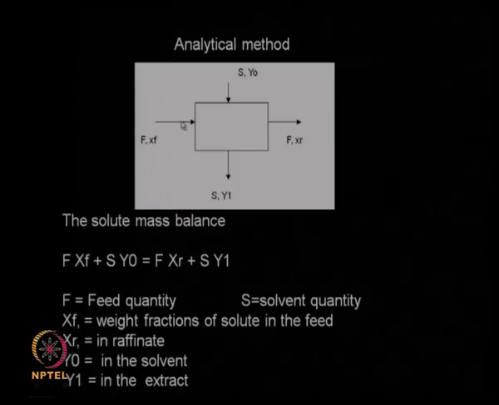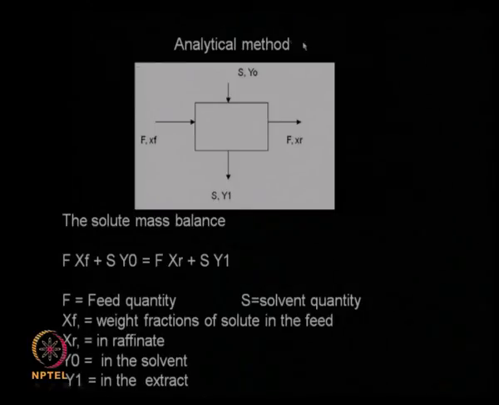Now, we have two streams that are entering and two streams that are leaving. So, we can make a mass balance for this, quite straightforward. We have been doing mass balance for the past several classes. We can do a mass balance for the solute: F into XF, where F is the flow rate and XF is the concentration, that is the amount of solute entering in the feed stream, plus S into Y0, the amount of solute entering from the solvent stream.